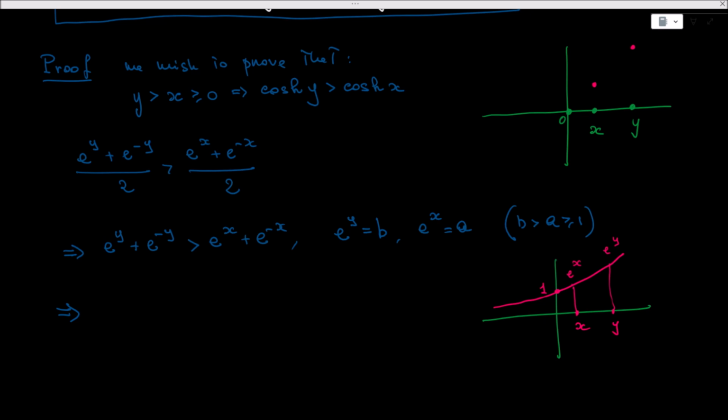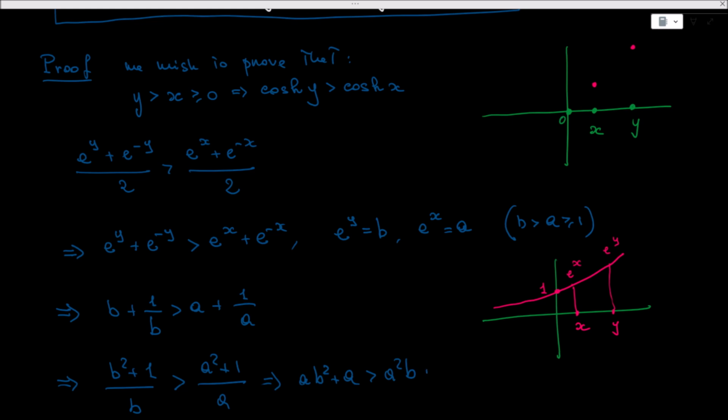What we got is b plus 1 over b larger than a plus 1 over a, which in turn means b squared plus 1 divided by b larger than a squared plus 1 divided by a. And of course this is just like saying that a b squared plus a is larger than a squared b plus b.